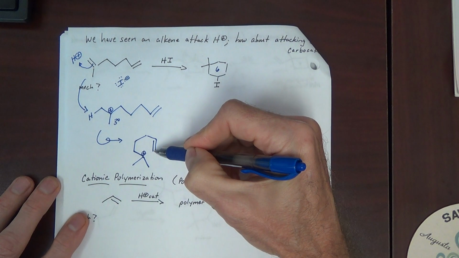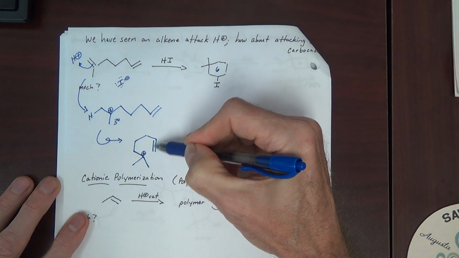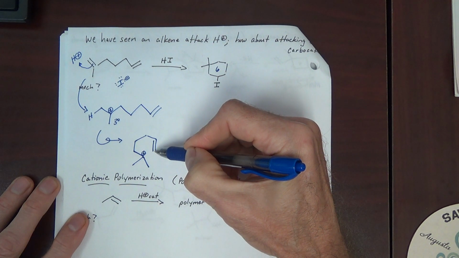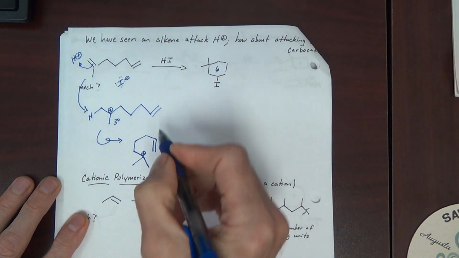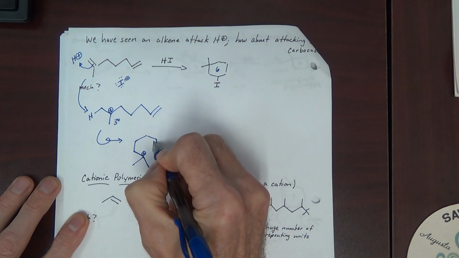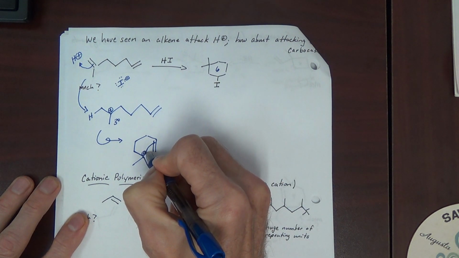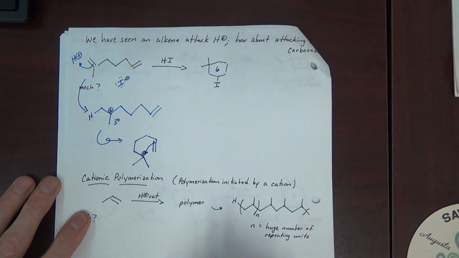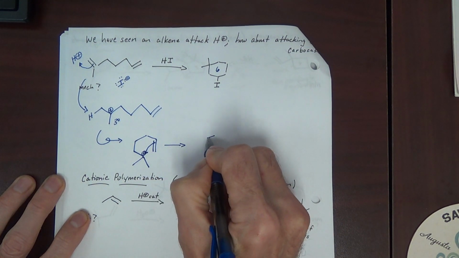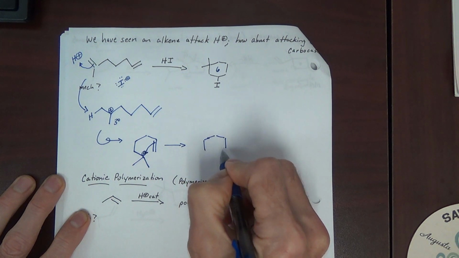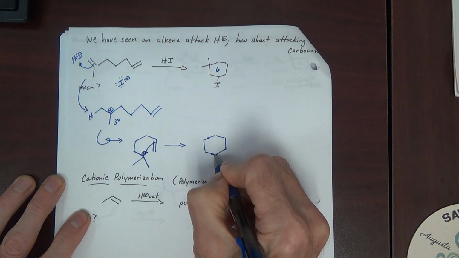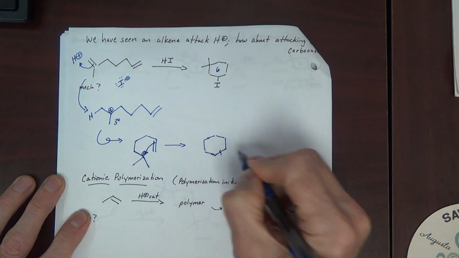Question, do we want to leave the cation on top or bottom? The answer would be top, because top would be secondary, bottom would be primary. We swing away from the top and come down and attack that positive carbon. And that gives that bond there just formed.